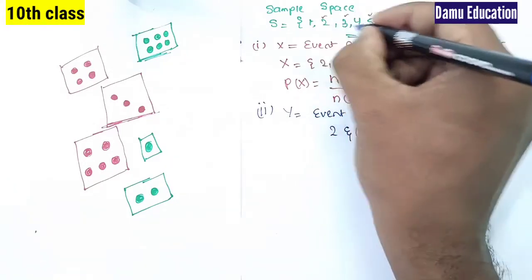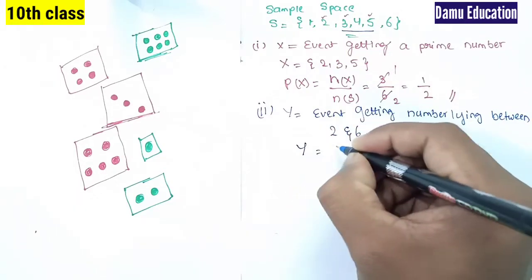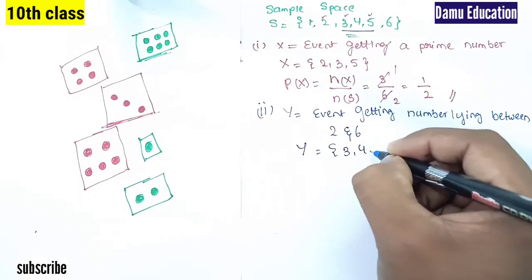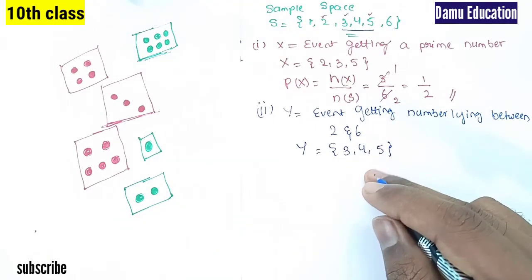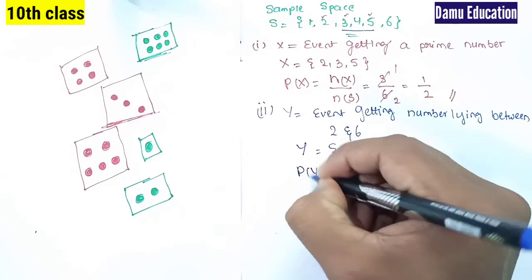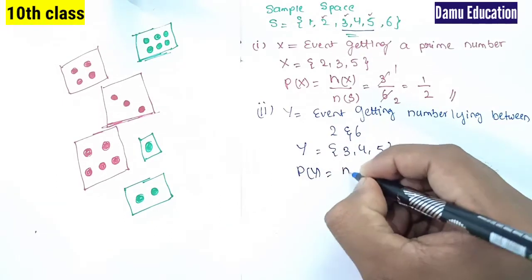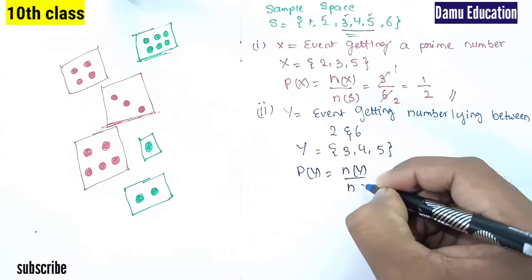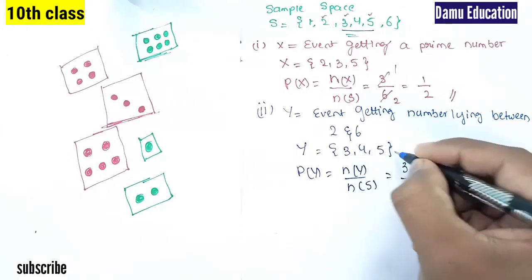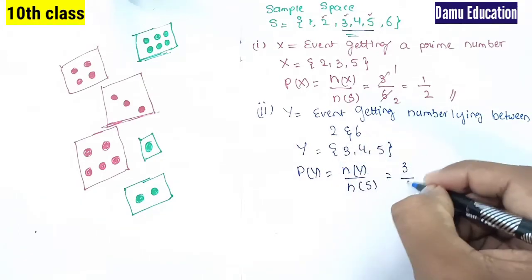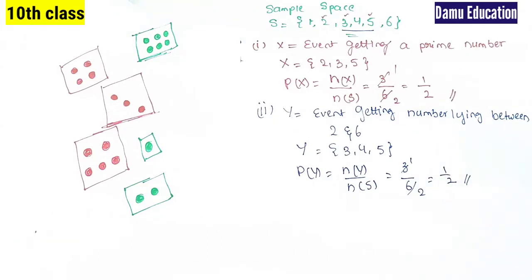Between 2 and 6 means 3, 4, 5. So Y is 3, 4, 5. The probability of this event is the number of possible outcomes divided by the total number of outcomes in the sample space, which is 3 by 6, that is 1 by 2. So this is the thing.